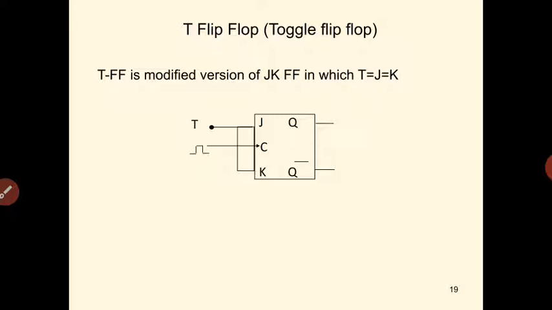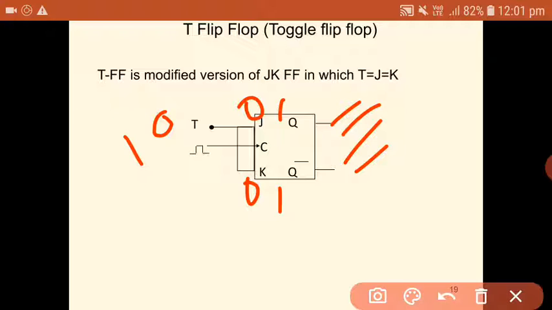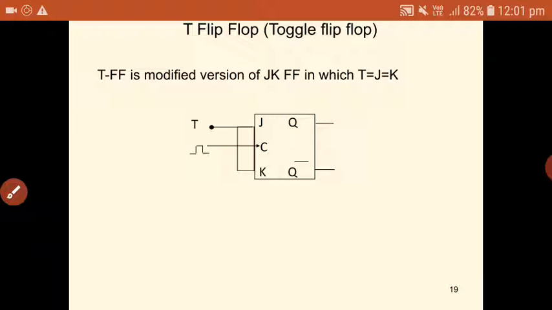Since J and K inputs are shorted, if T is equal to 0, J and K inputs are zeros, and correspondingly you will be getting the output. And when T is equal to 1, correspondingly J and K inputs are 1, and you will be getting the outputs for the corresponding JK flip flop. So this is a simple circuit diagram of a T flip flop in which JK inputs are shorted together and applied as one input, called toggle input.